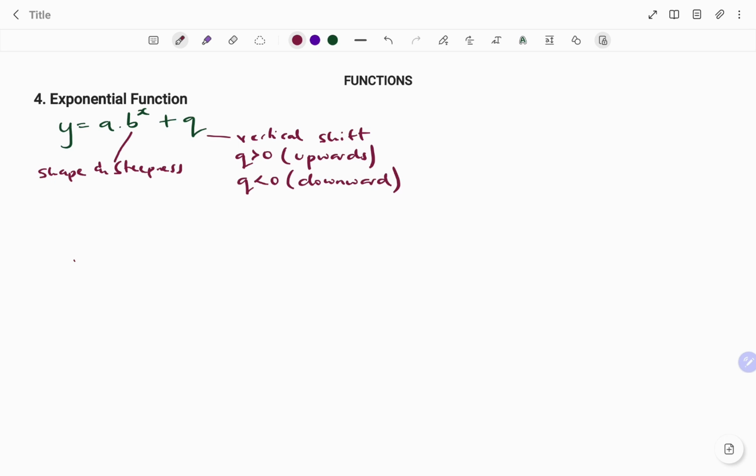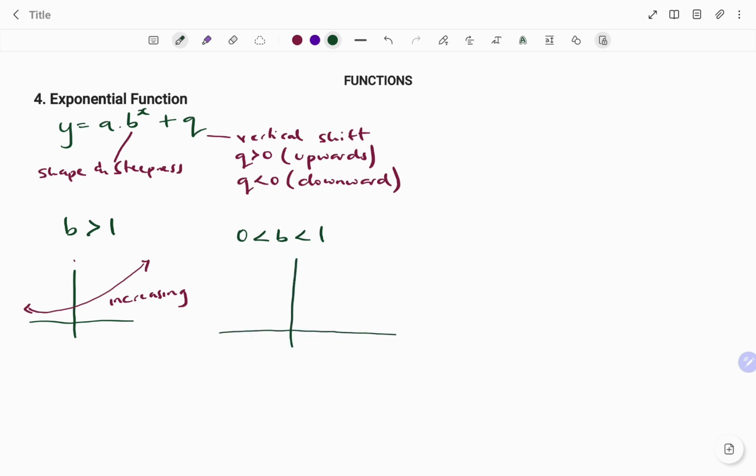What I mean is, if I have the value of b greater than 1, then I'm going to have an increasing function. So my graph is going to be in this direction. And if I have b greater than 0 but less than 1, then I'm going to have a decreasing function or exponential decay.